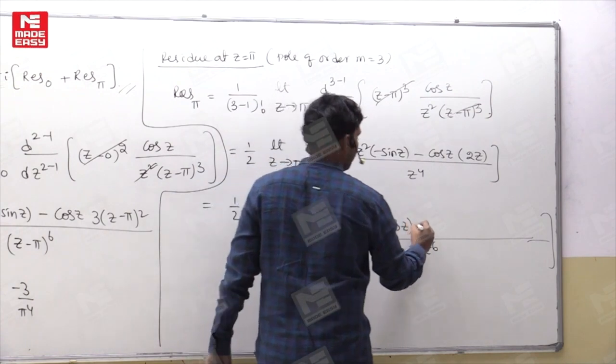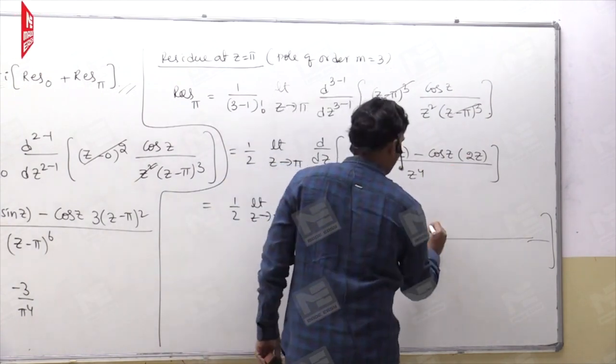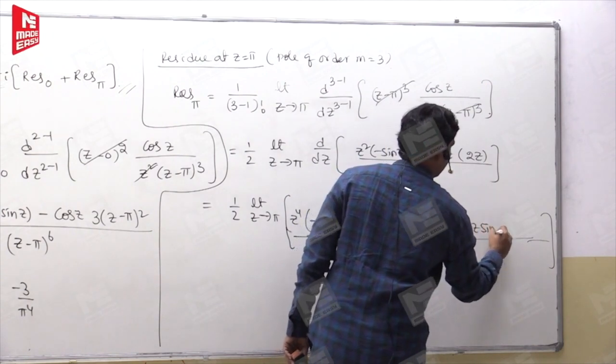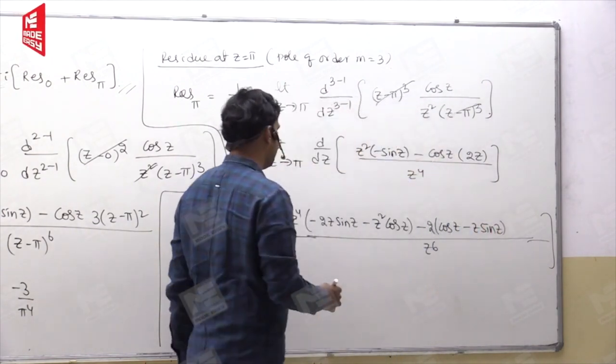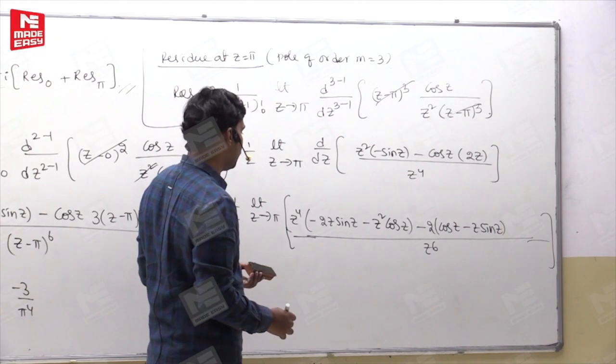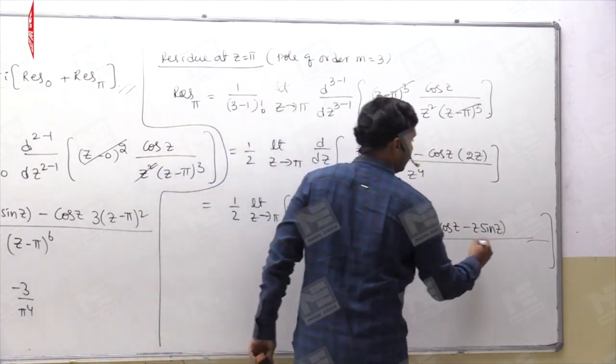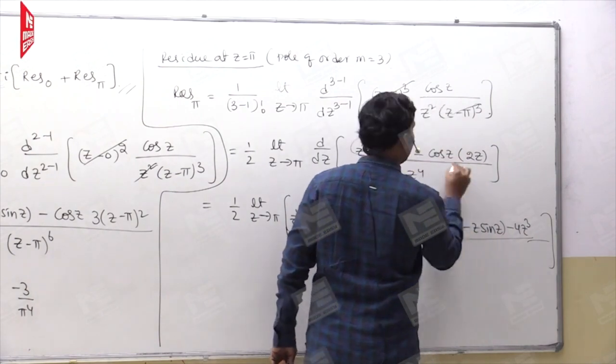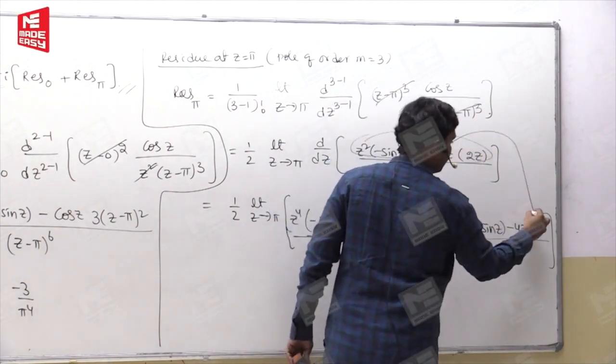Right, and then minus here 2 into (cos z minus z sin z). This is what that first derivative was, and then minus 4z cube of this whole thing, whatever is there, as it is if I take it here.